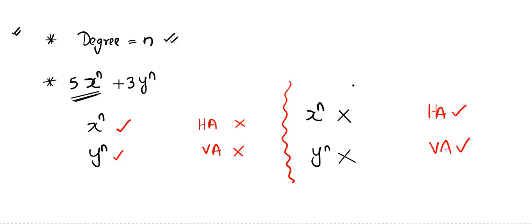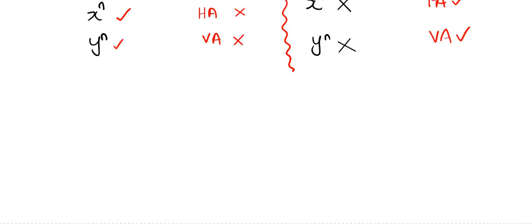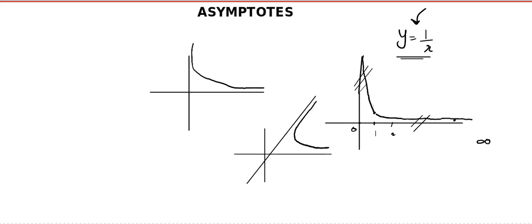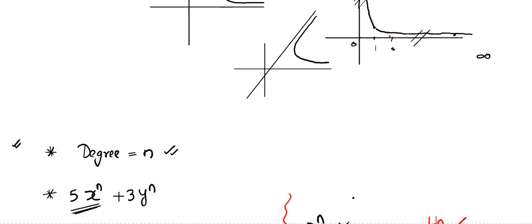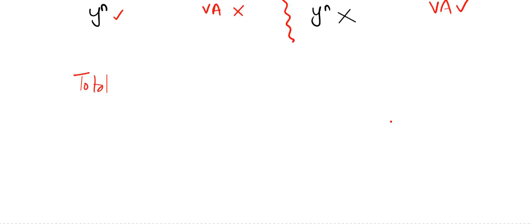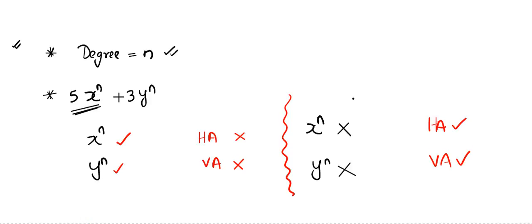Another thing you should remember is the total number of asymptotes in a graph. For example, you saw that our 1 by x has two asymptotes, one vertical and one horizontal. The total number of asymptotes in a graph can never exceed the degree. So note these points. Point number 1, find the degree.